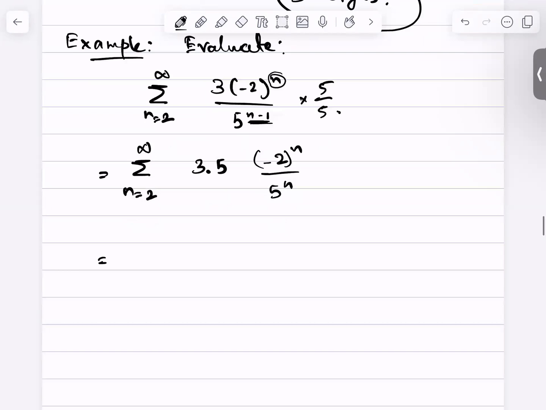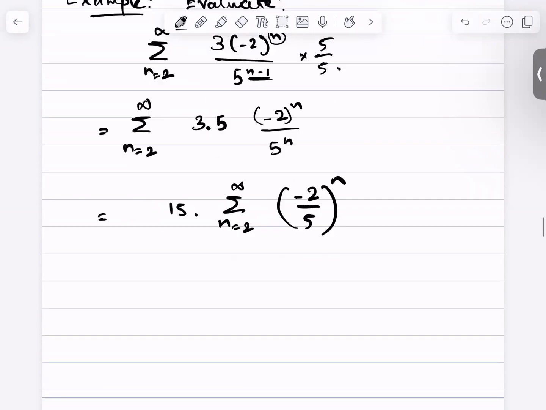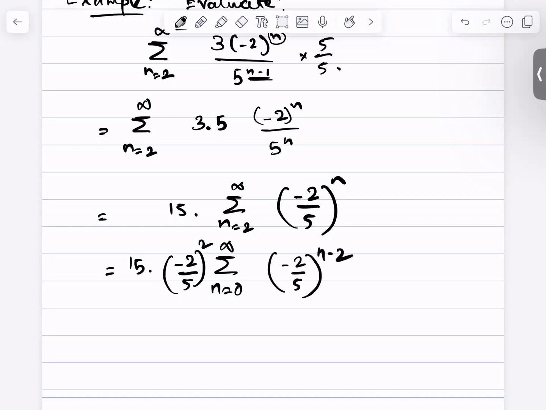Then this is nothing but 15 times summation n equal to 2 to infinity of -2 over 5 to the n. Now if I want to start from, say, n equal to 0 to infinity, then what I can do is take -2 over 5 squared out like this, and then it'll be -2 over 5 to the n minus 2, right? Let me just do it in steps.